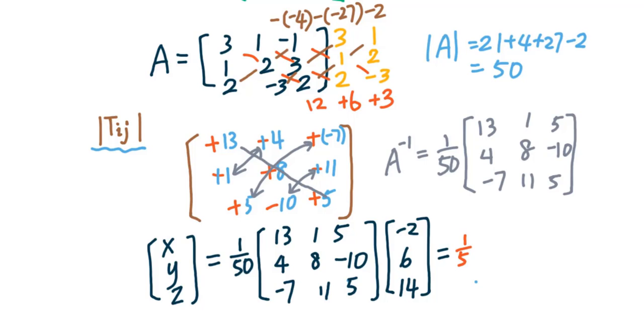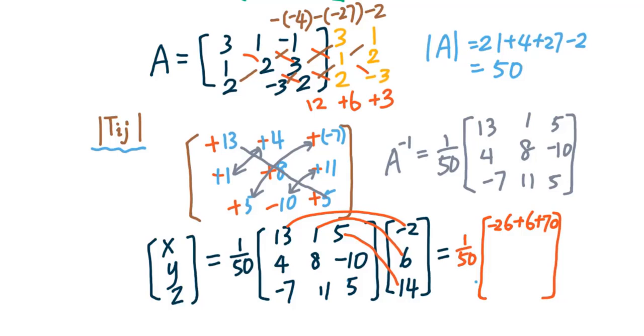1 over 50, let's leave it. So you get 13 times -2, that's -26, 1 times 6, that's plus 6, 5 times 14, this will be 70.